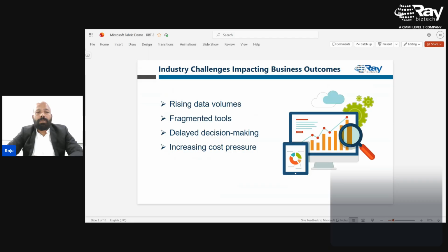So industry challenges impacting business outcomes: rising data volumes. Every customer is acquiring a huge amount of data through various platforms, either SaaS platforms, IoT events, or third-party data, and there are fragmented tools.